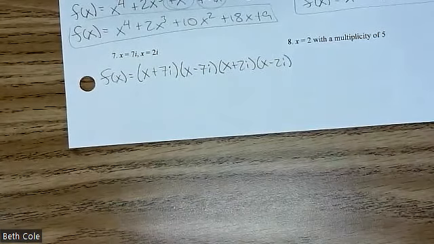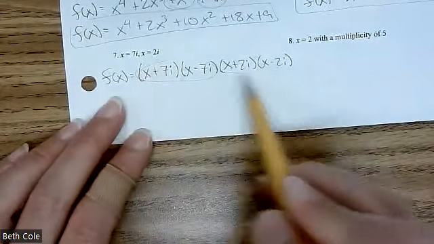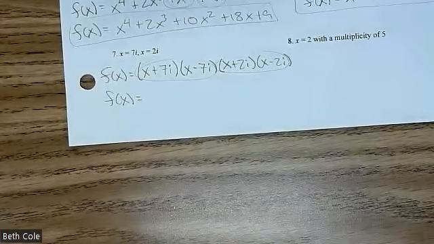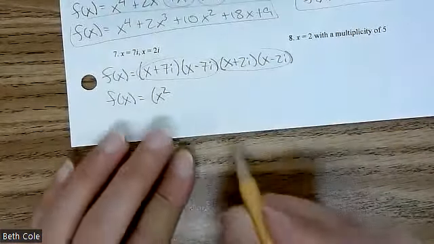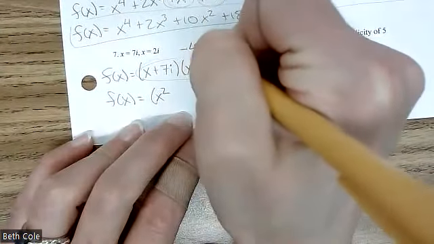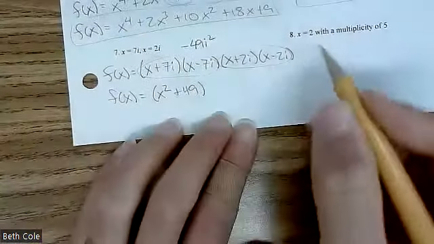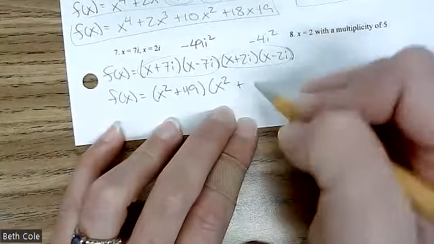Even if you have to write a little bit, that's a good thing, okay? We're going to do the first 2 and then do the second 2. So this will be x squared. Ooh, what is it? Plus 49, good. And then this one will be x squared plus 4.